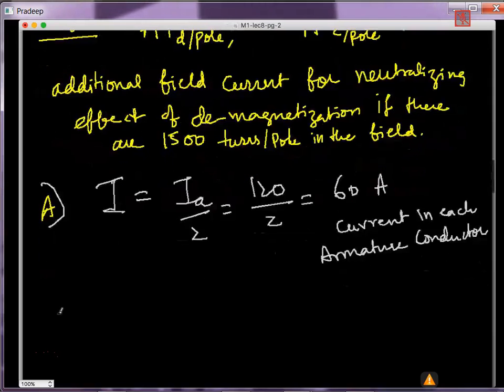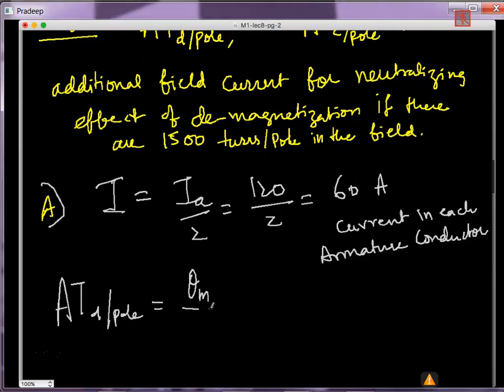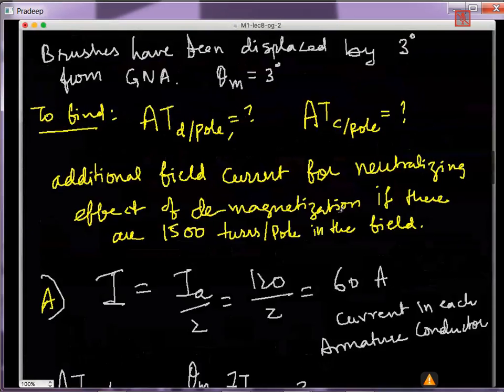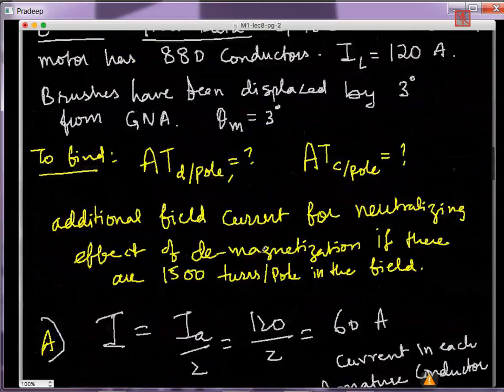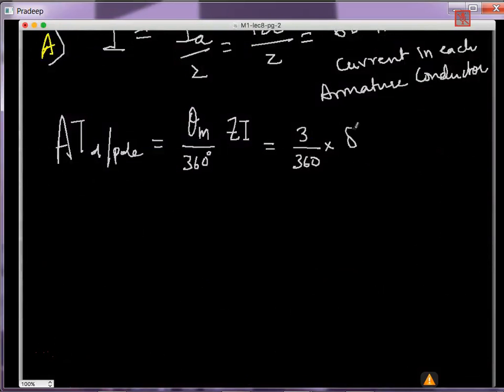So the ampere turns causing demagnetization per pole is nothing but theta mechanical by 360 degrees into Zi. That is 3 by 360 into, how many conductors are there? 880 conductors, multiplied by 60 amperes.